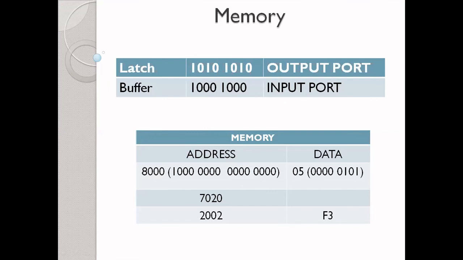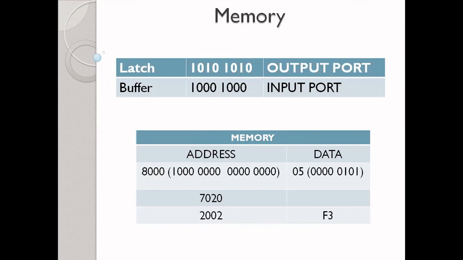A buffer is a temporary register. If I read the data from the buffer, it will become empty. But in a latch, if I read the data from the memory, that is also called a temporary register, but the data will not change. It will stay like that only. If you write the next data, storing some data in the latch, then only it will change.